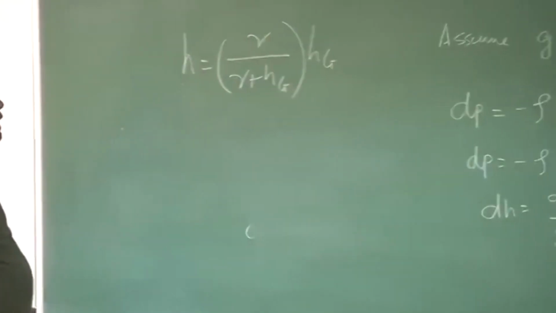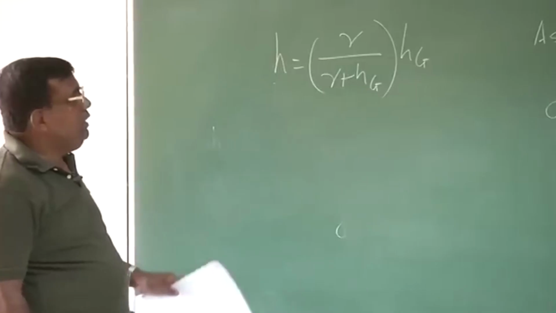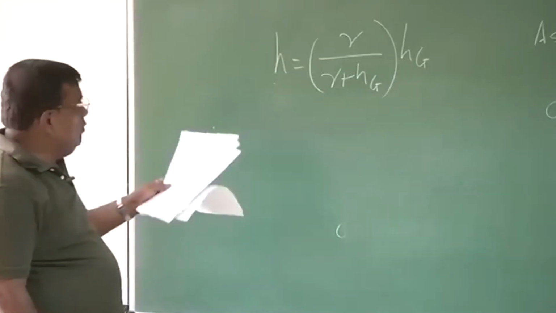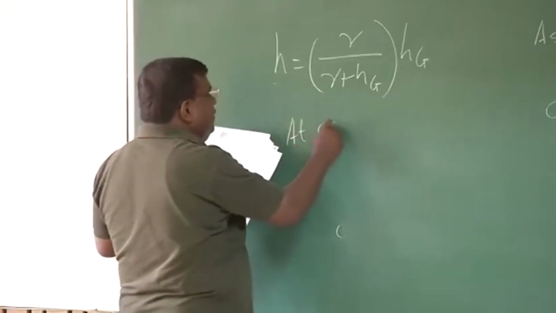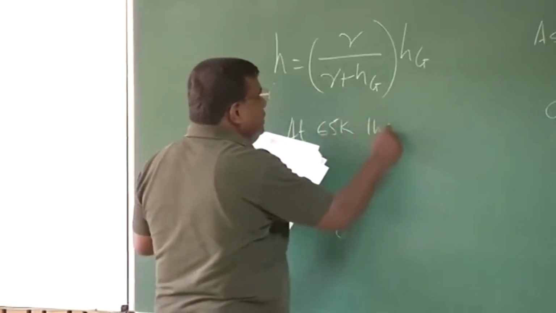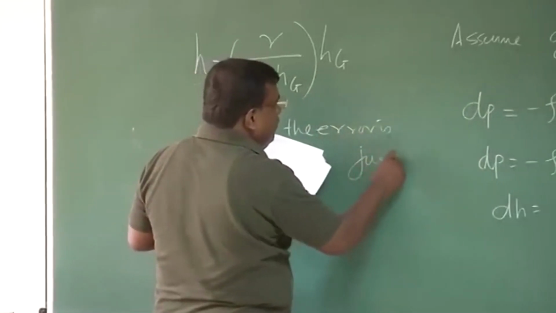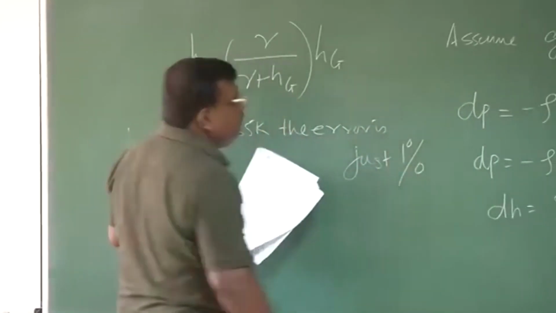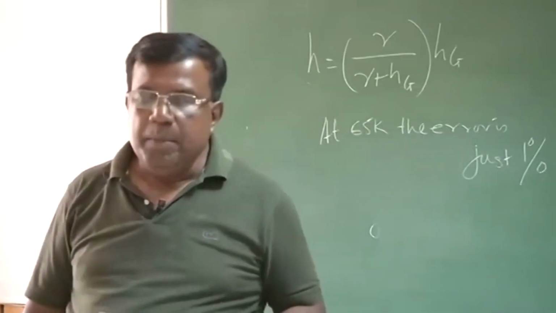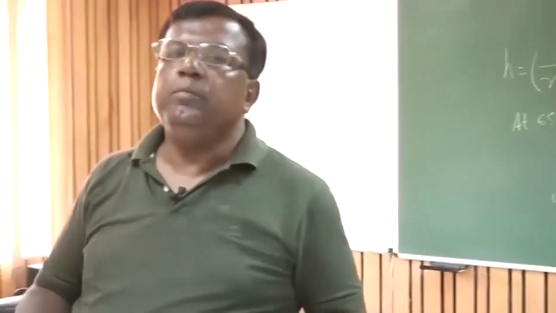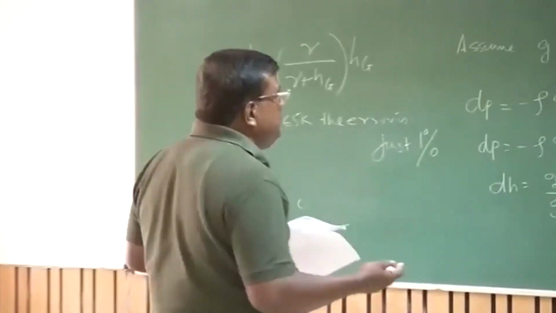Now, what is the error I am taking when I am assuming hg and h are the same? Just to have an idea, if you plug in the values, you will find at 65 kilometers the error is just 1%. So you could understand that the assumption that h and hg are the same helps in making the analysis so simple. Still, you are getting the physics of the situation.